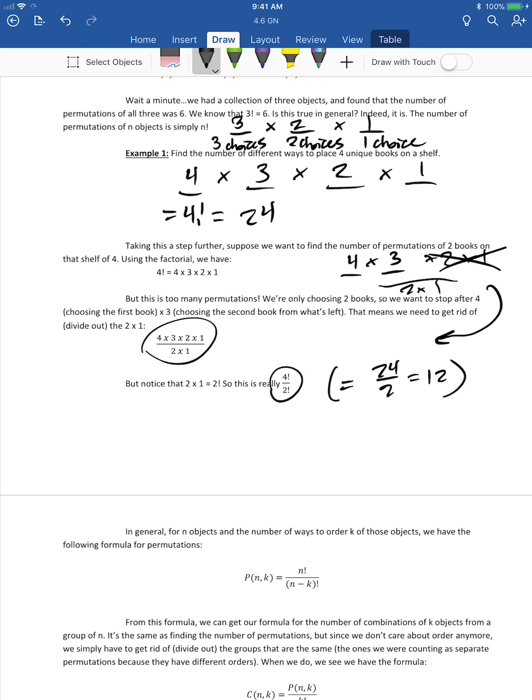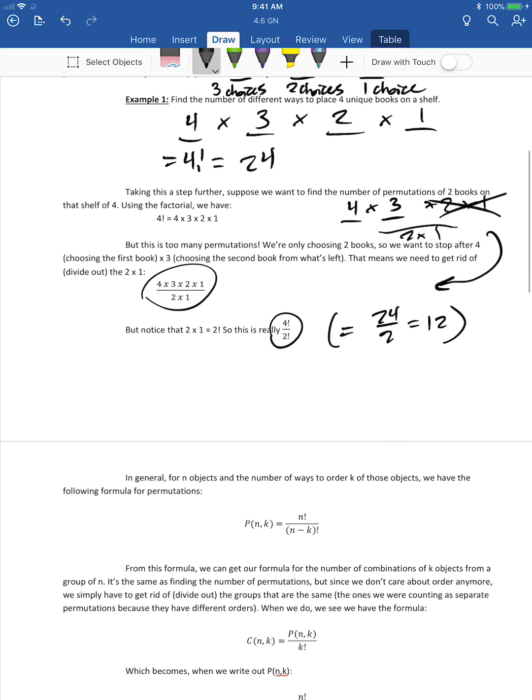In general, then, for n objects, and I'm calculating the number of ways to order k of those n objects, then we have the following formula for permutations, and it is P of n, k, or the number of permutations of k objects from a group of n, is n factorial over n minus k factorial.